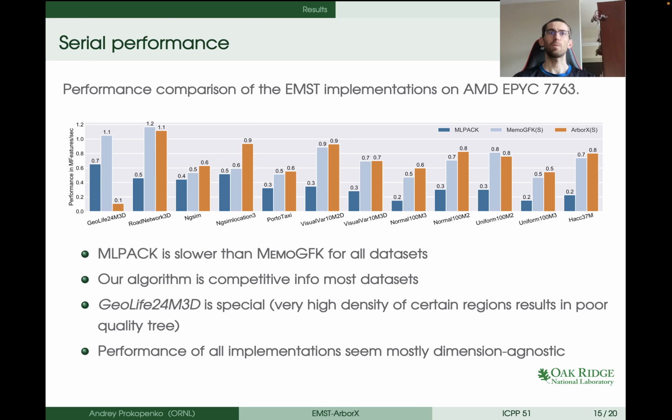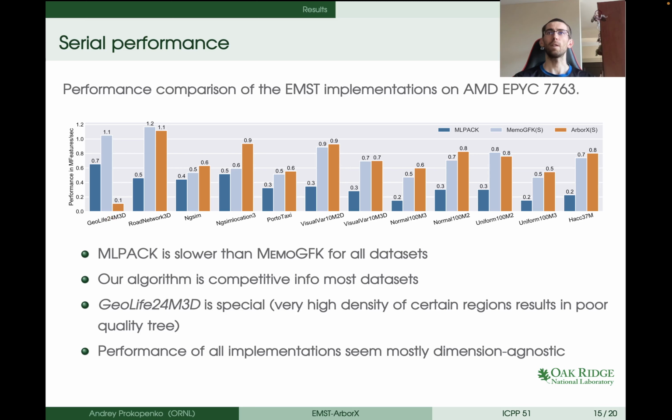The challenge of that dataset is for the linear bounding volume hierarchy is that the underlying structure, the way the bounding volume hierarchy is constructed using space filling curves, is not sufficient to fully resolve this dataset. What it ends up resulting in is a poor quality of the underlying tree, which leads to poor performance.